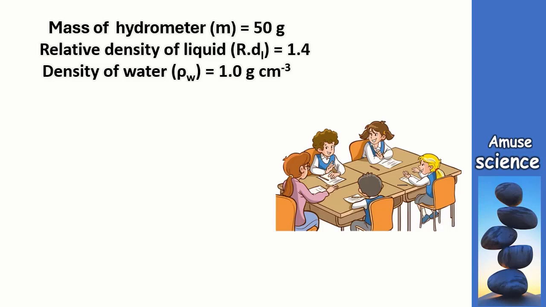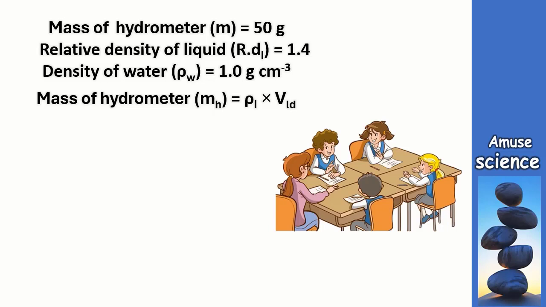The question has asked us to find the volume of the liquid displaced by the hydrometer. And to find it, we have to use this relation, which is mass of floating hydrometer is equal to density of the liquid, represented by rho L, times the volume of the liquid displaced, represented by VLD.